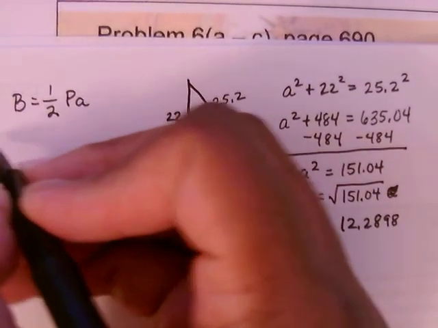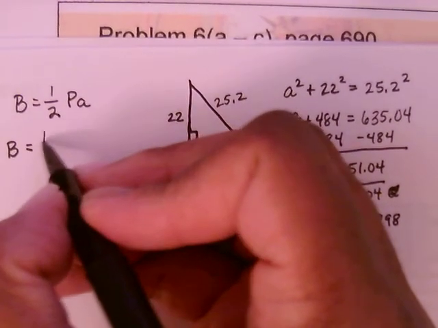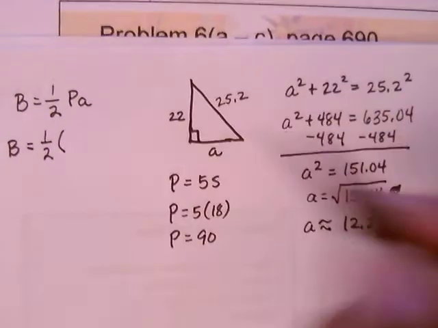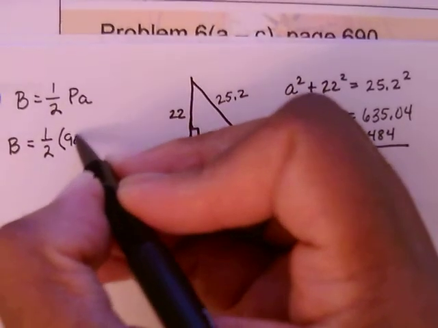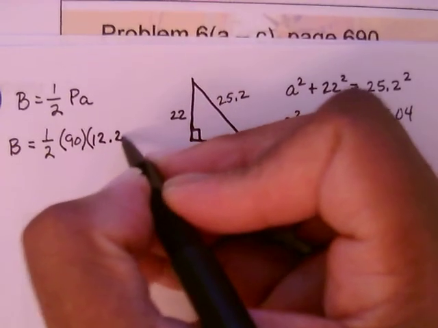So here, B is equal to 1/2 times the perimeter, 90, times the apothem, which is 12.2898.